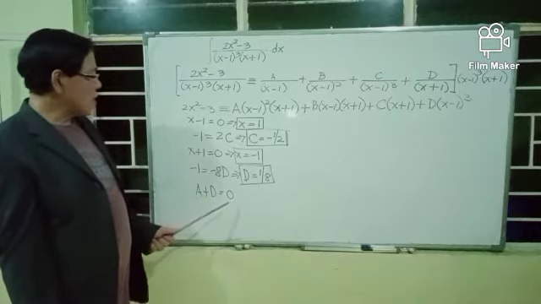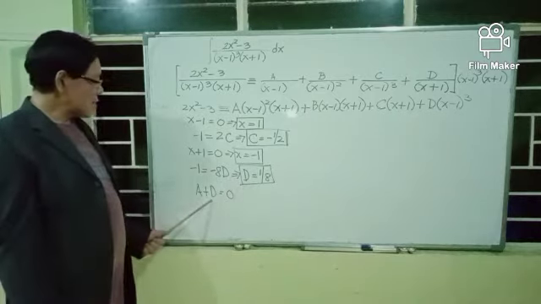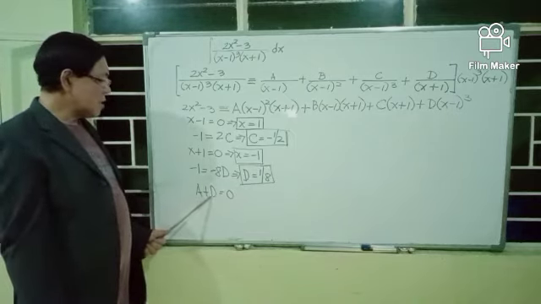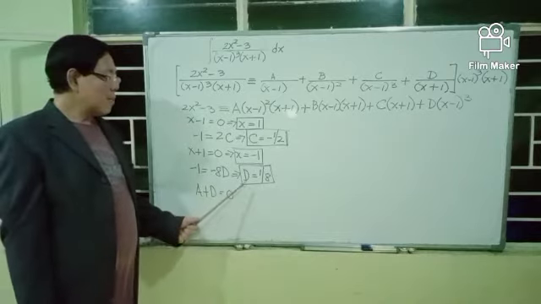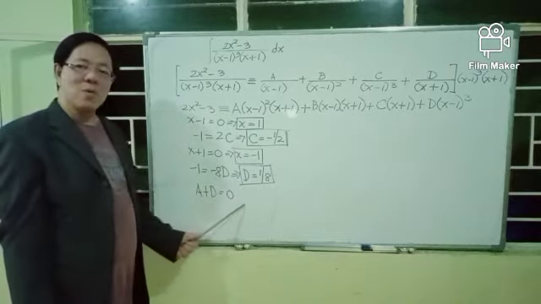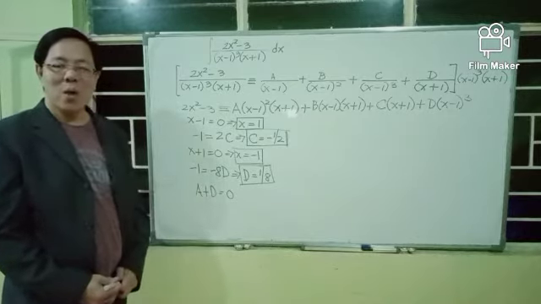And we already have the value of D, 1 over 8. If we substitute the value of D here, that means A is equal to negative D, but D is 1 over 8. Therefore, this A plus D equals 0 implies A equals negative 1 over 8.